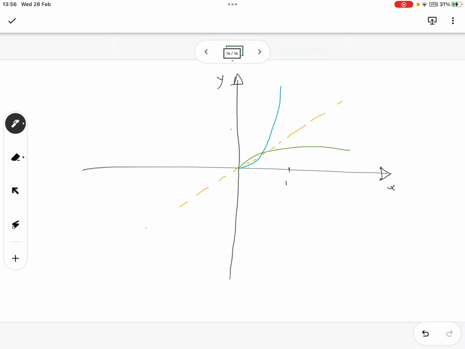So something like this, maybe that's 1 there, that's 1 there, that's 0. That would be half, that would be half. So our curves look something like that. That would be h of x, and that would be h inverse of x. Alright.